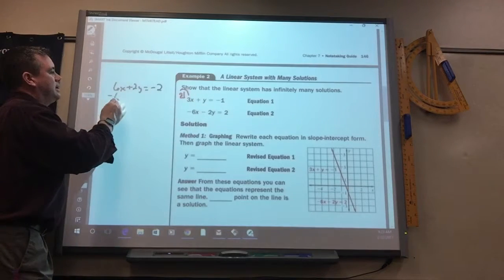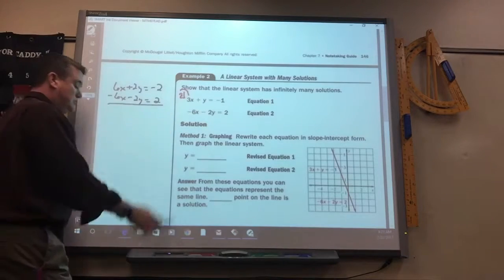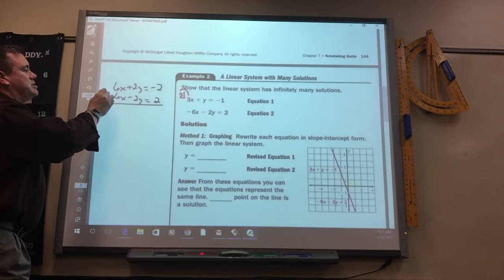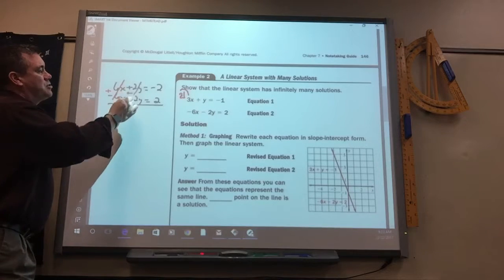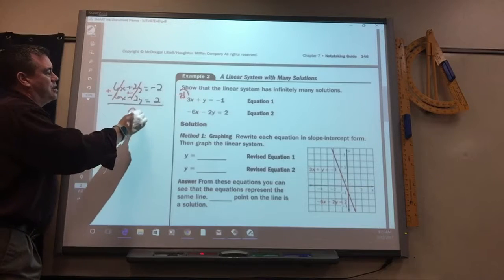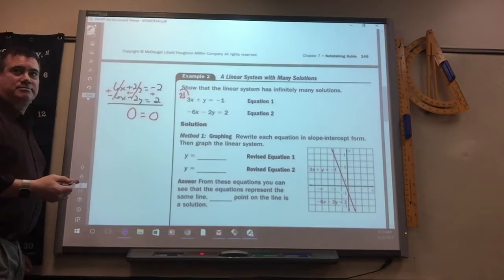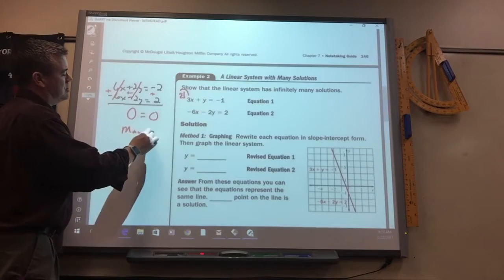And here we got negative 6x minus 2y equals 2. To get the x's to cancel, they're opposite signs, so you would add. But when you add that, that also cancels, so you get 0. And when you add that, you get 0. Which is true, so that's the many solutions.